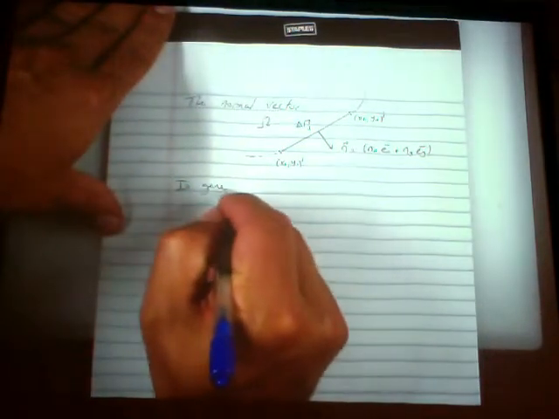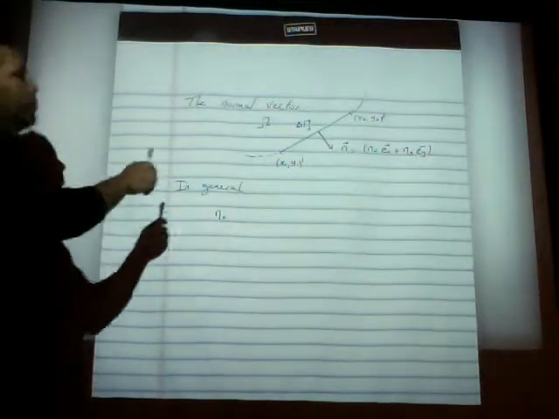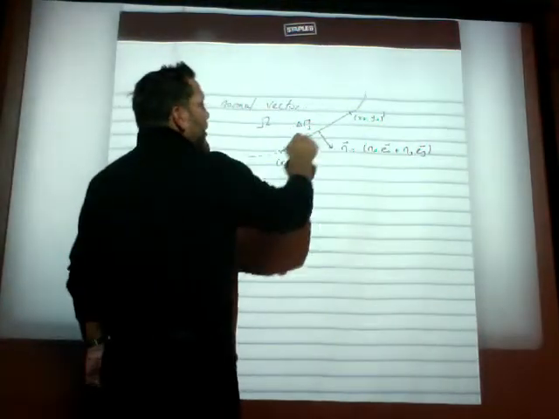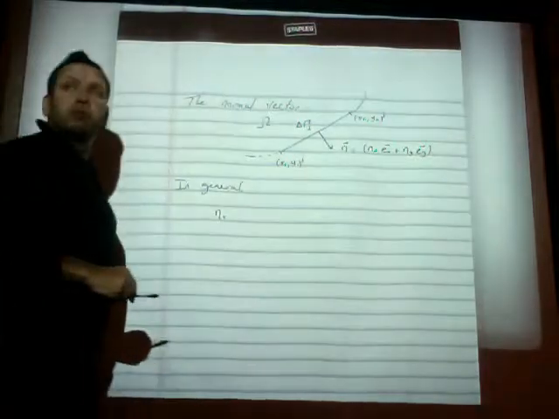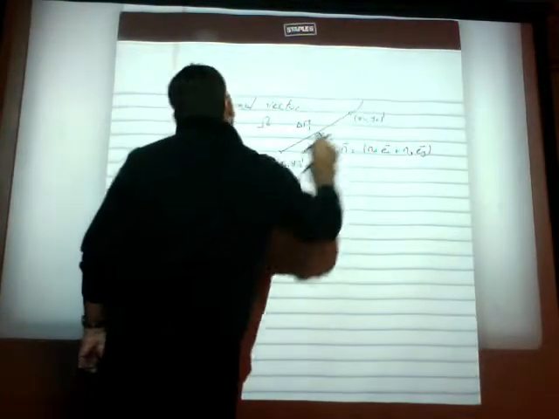In general, assuming that this element right here could actually be curved, not necessarily a straight line, we could calculate the components of that normal vector at any point along this line from eta equal -1 to eta equal 1.